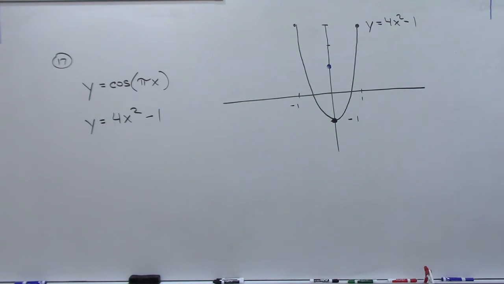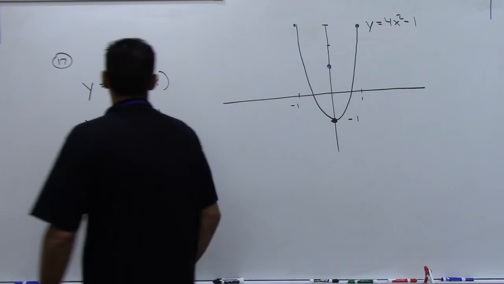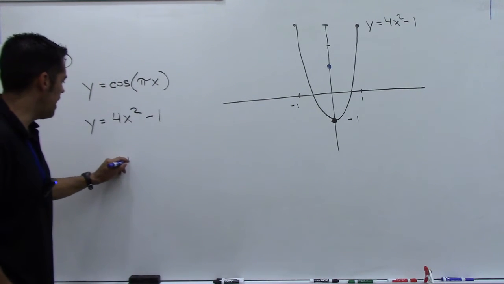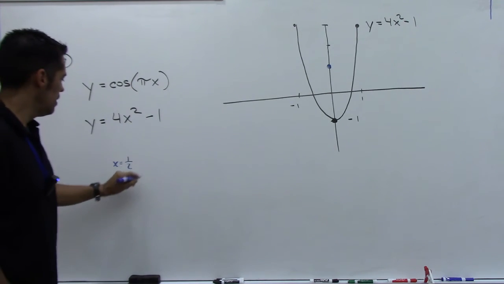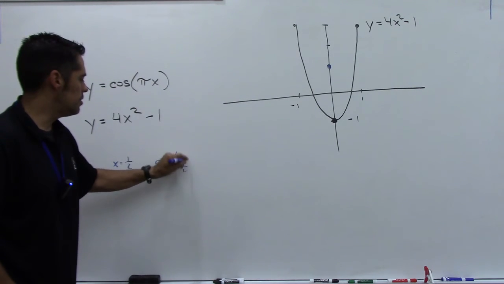And then, let's plug in x equals 1/2. Because if I plug in 1/2 in here, I get cosine of pi times 1/2, which is pi over 2.